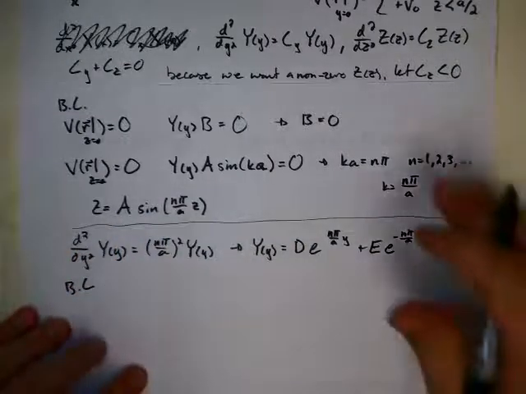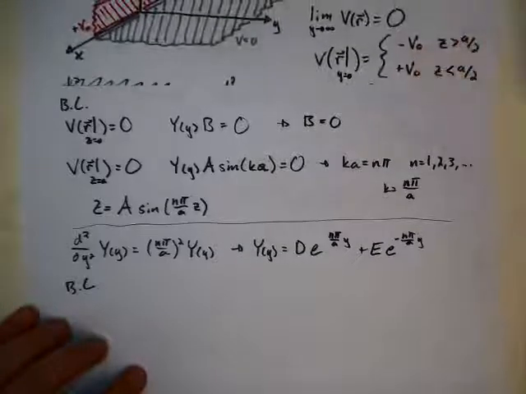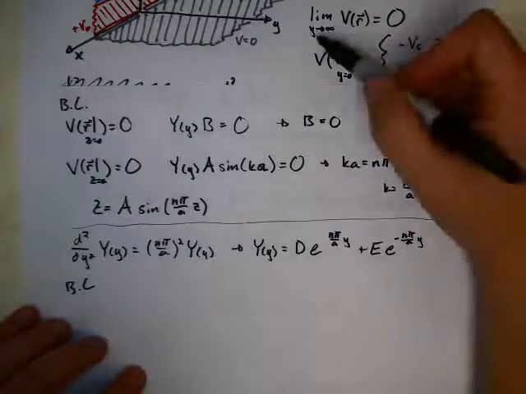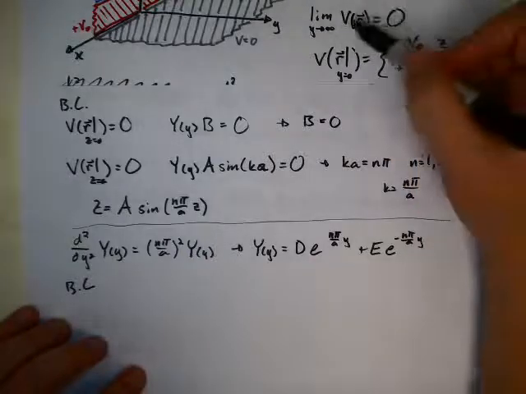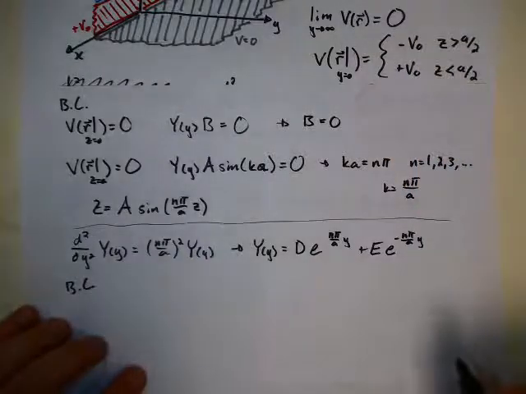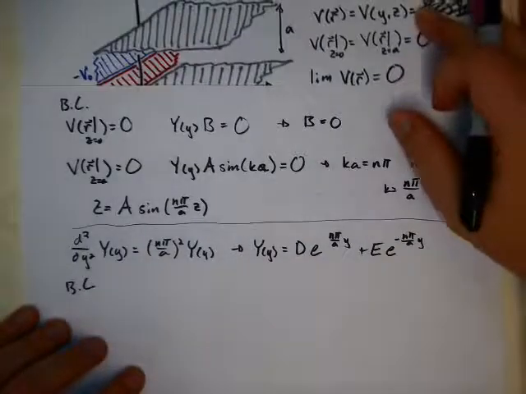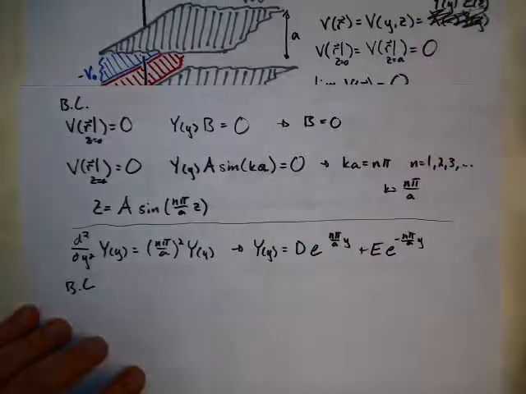The first boundary condition that we're going to look at is the fact that as y goes to infinity, V of r must go to 0, and V is, of course, a product of y and z.